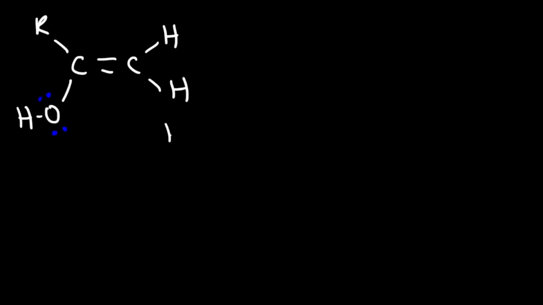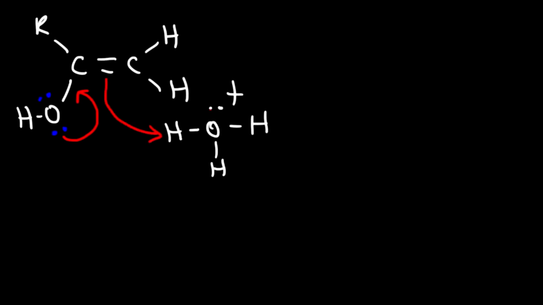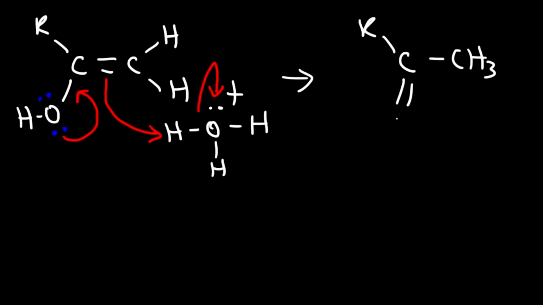So under acidic conditions, the enol will react with the acid, in this case H3O+. So this lone pair is going to form a pi bond, causing a double bond to abstract a hydrogen. And so now we have a CH3 group on a primary carbon, and we have a protonated ketone at this point.